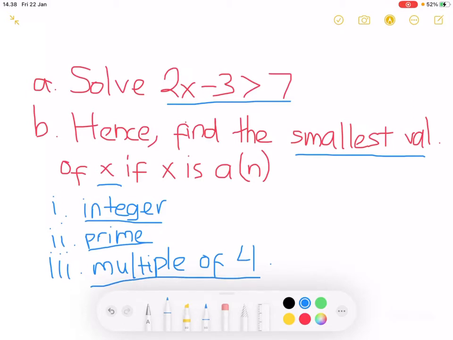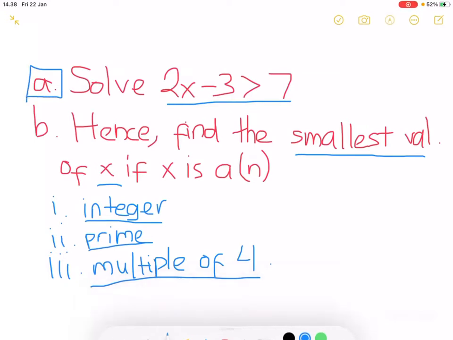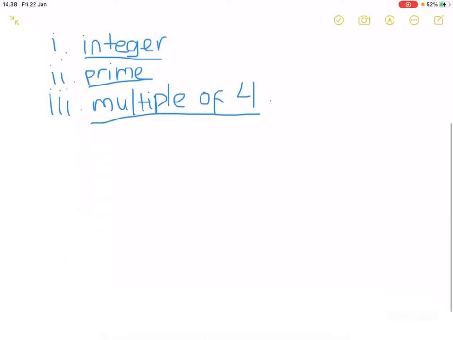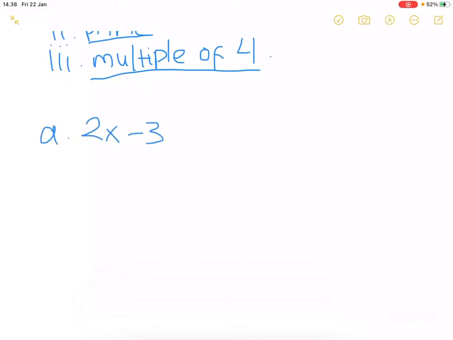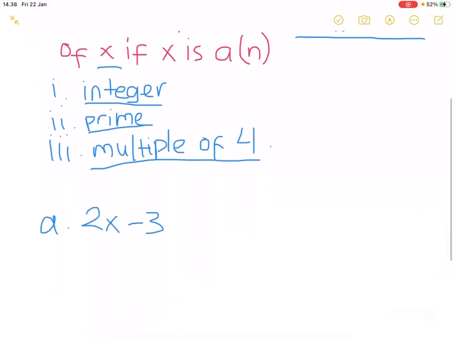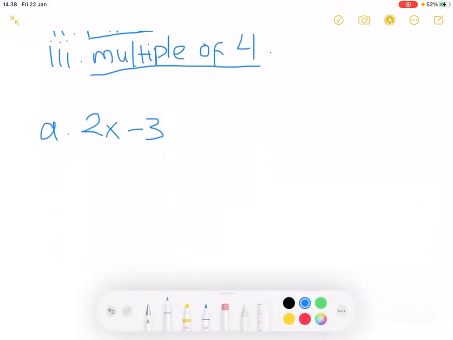First, of course, we're going to solve part a. We're going to solve this inequality real quick, and it's quite simple. We have 2x minus 3 is greater than 7. We can just add 3 on both sides to get rid of the negative 3.